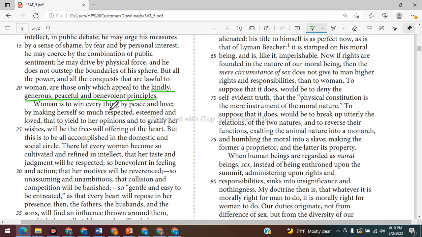Woman is to win everything by peace and love, by making herself so much respected, esteemed, and loved, that to yield to her opinions and to gratify her wishes will be the free will offering of the heart. But this is all to be accomplished in the domestic and social circle.